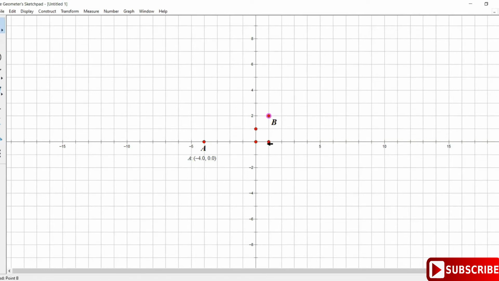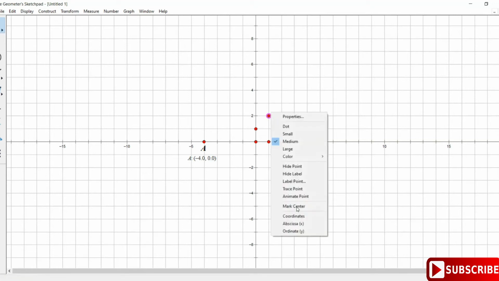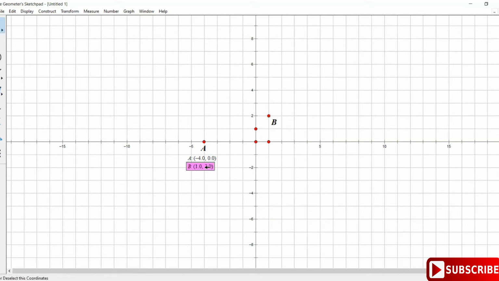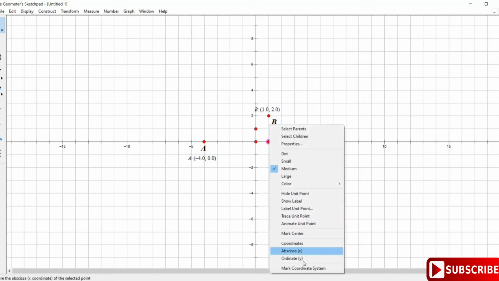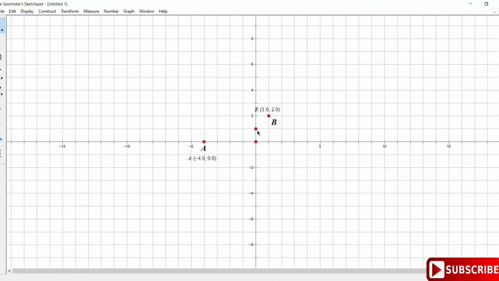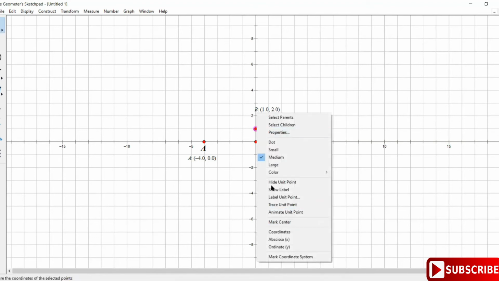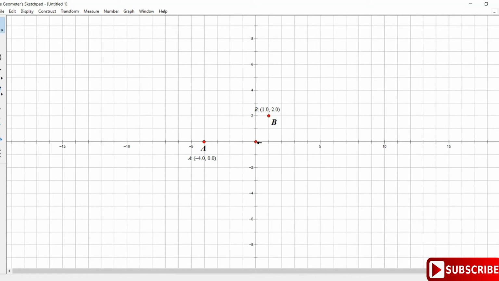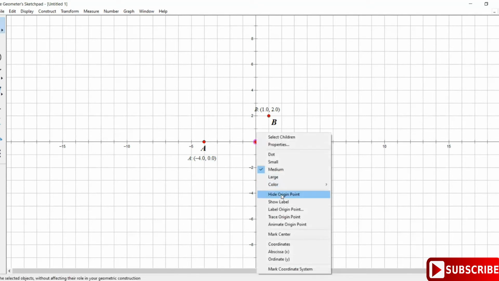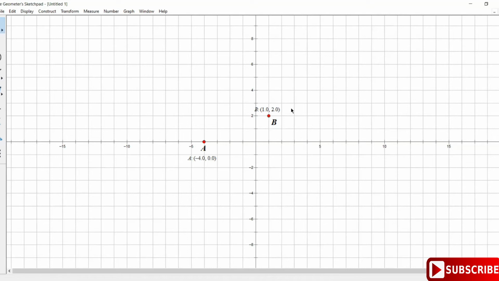Since B is the point 1, 2, I want to show the coordinates of this point. Now I'm going to draw the circle. You hide these points. All right, so this is AB.